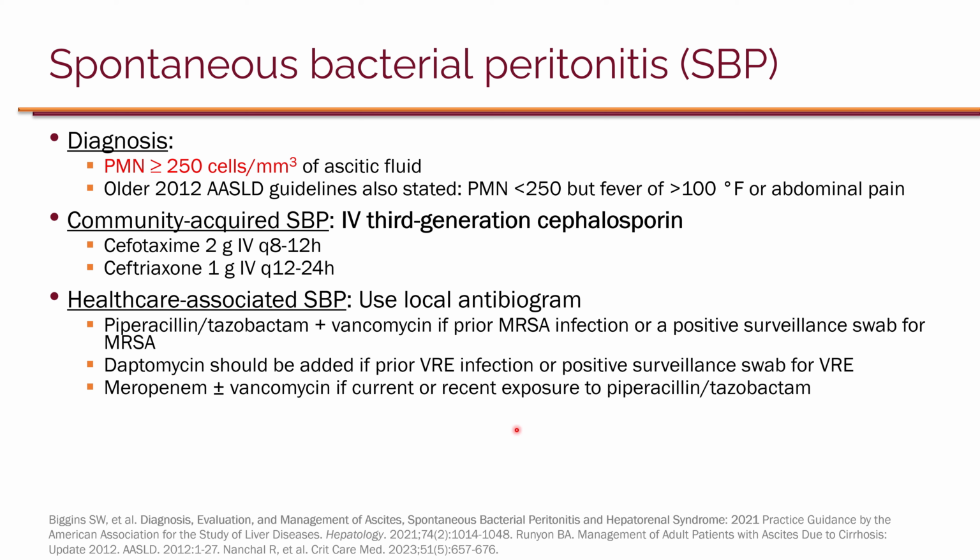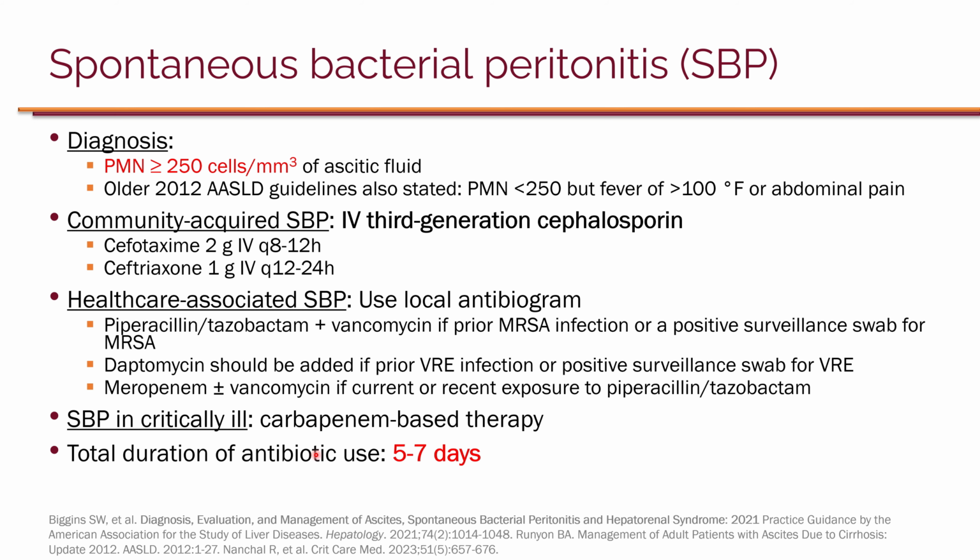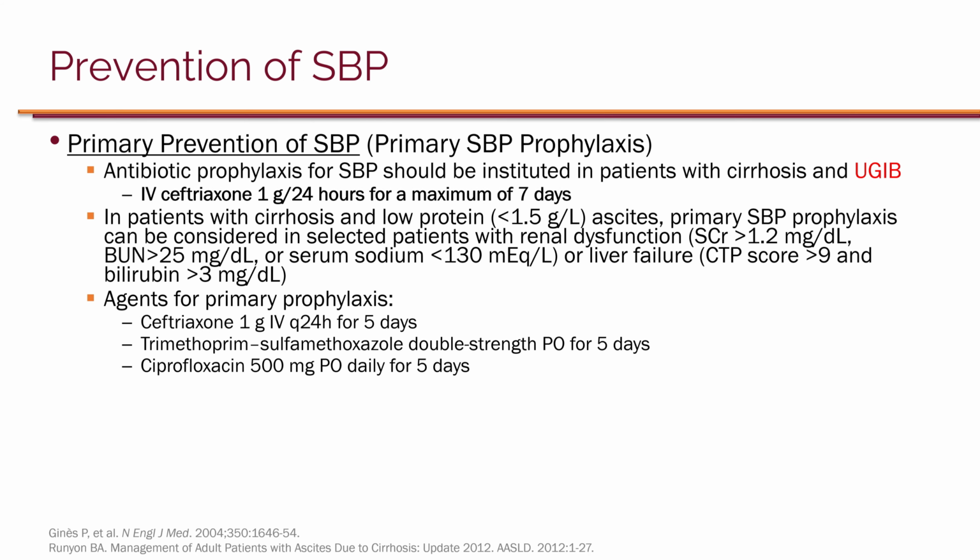If the patient has had a recent exposure to piptazo, it should be replaced with meropenem. In critically ill patients, it is recommended to use carbapenem-based therapy as opposed to starting with piptazo. And total duration of antibiotic use for treatment of SBP should be 5 to 7 days.